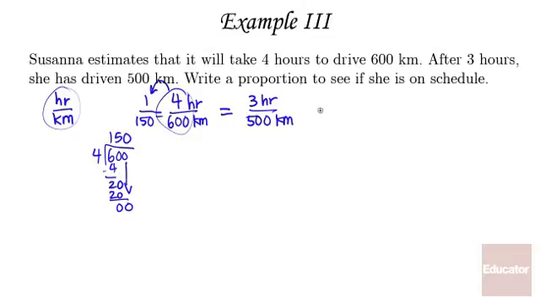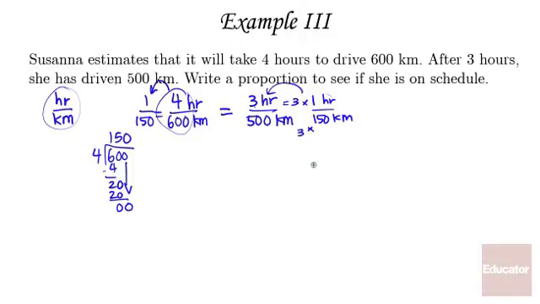Well, is that the same thing as this? So 1 hour, 150 kilometers. Does she get this in 3 hours? So this is 1 times 3 equals 3 hours, right? 1 hour times 3 is 3 hours. So does that mean 150 times 3 is 500? Right? So let's see.